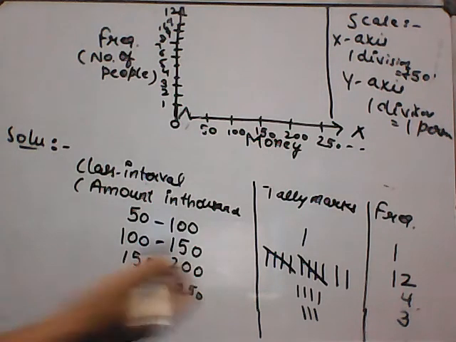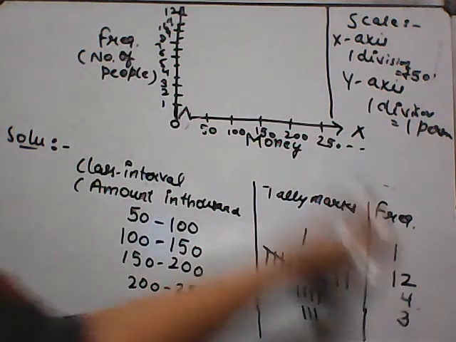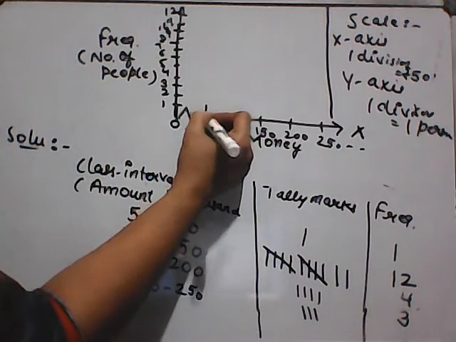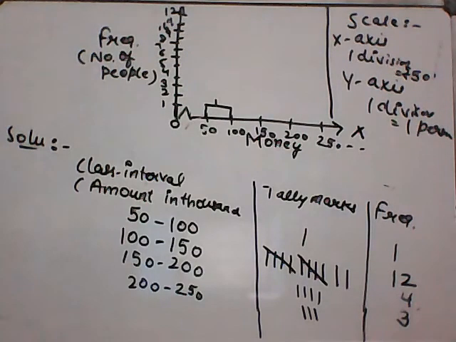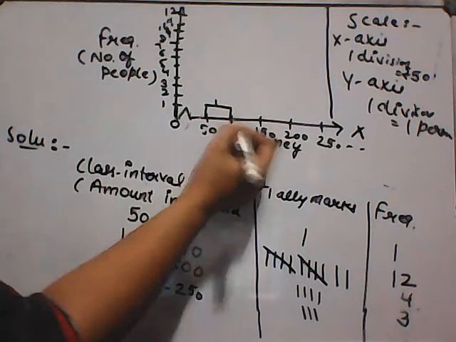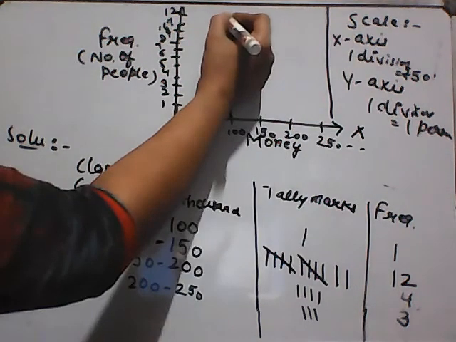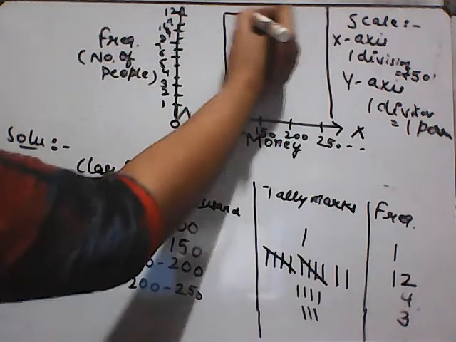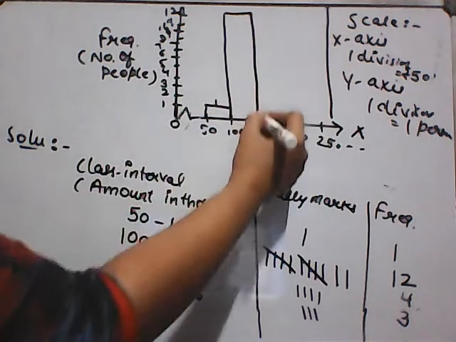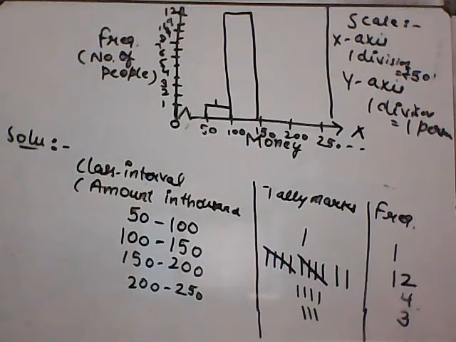Now 50 to 100: here the number of people is 1. Next is 100 to 150. The number of people is 12, so here it is 12. In this way you draw the bars, and there is no gap between them.